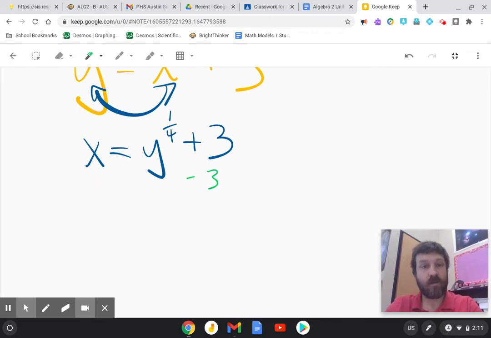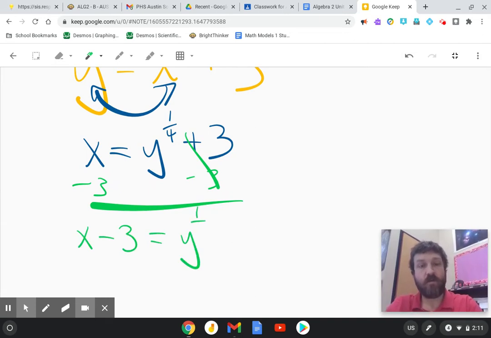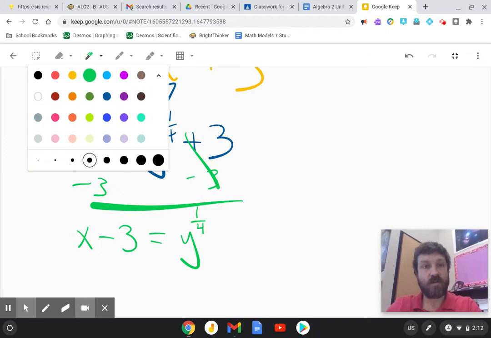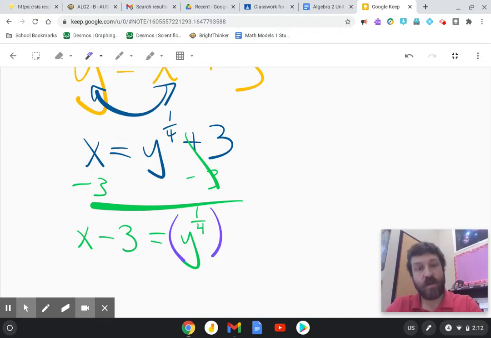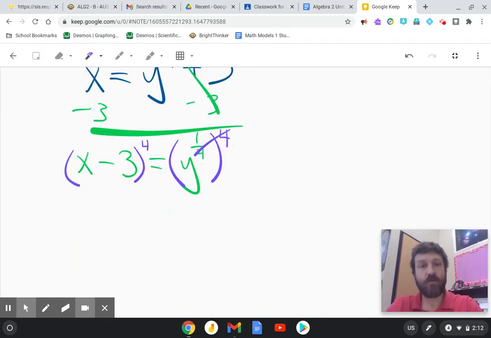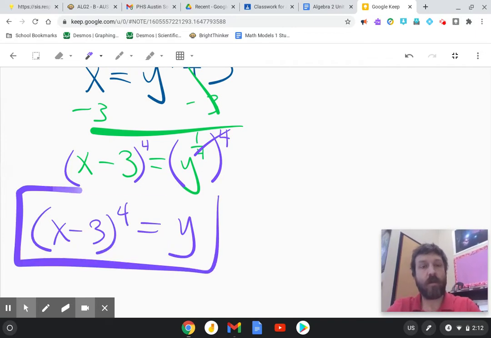So we'll start by subtracting 3. x minus 3 equals y to the 1/4 power. Now I have to do what I just said on the previous problem, which is I need to raise both sides of the equation to the reciprocal power. The reciprocal of 1/4 is 4. Those are going to cancel, giving me y equals x minus 3 raised to the 4th power.